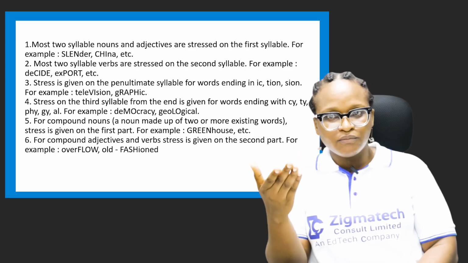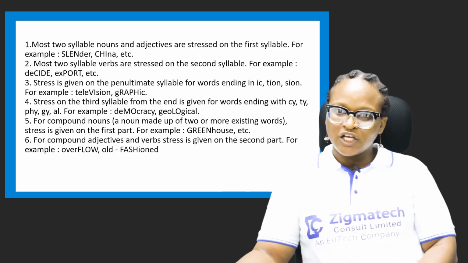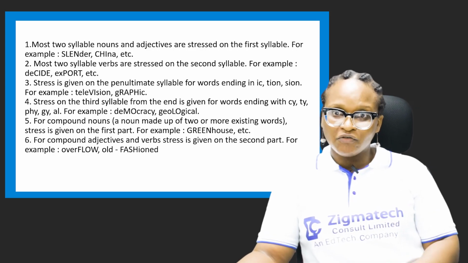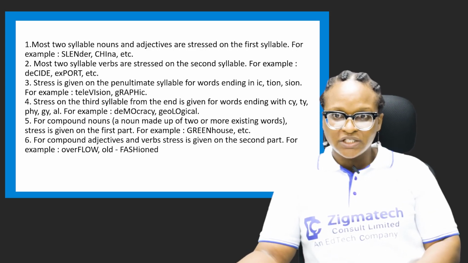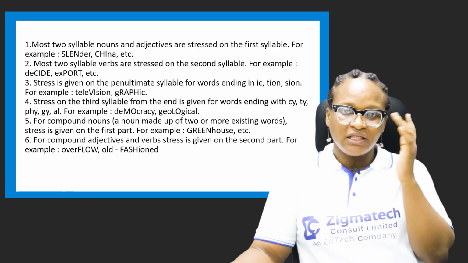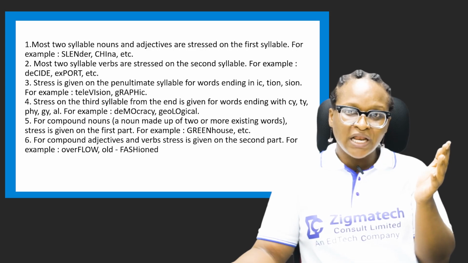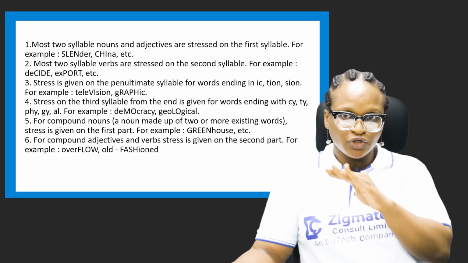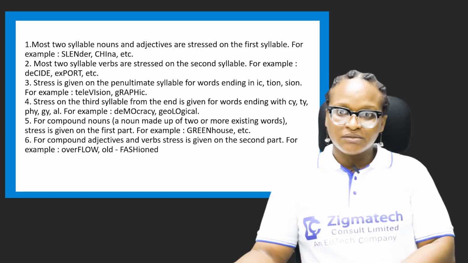It wouldn't sound really right, especially to the original speakers of English. So you must accentuate the right syllable so as to pass the right information, especially for these words that have same spellings, same pronunciations for noun and verb, but just a change in stress.